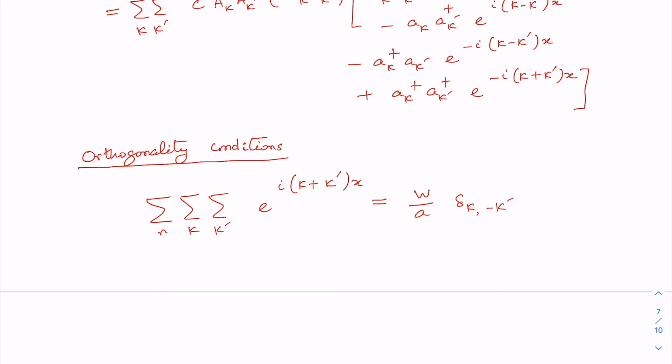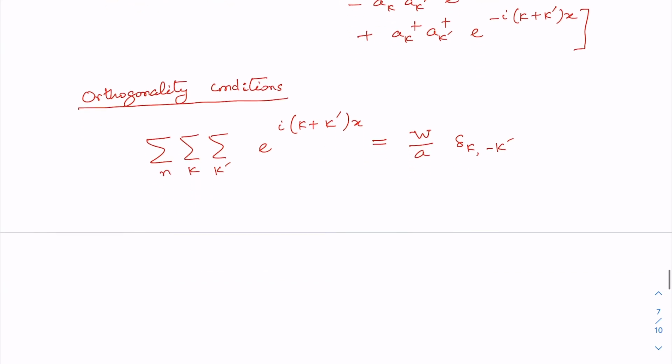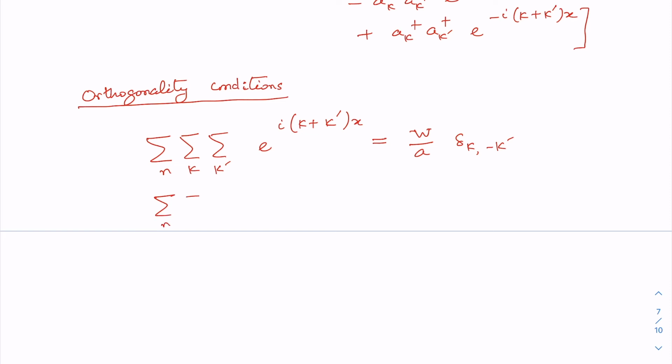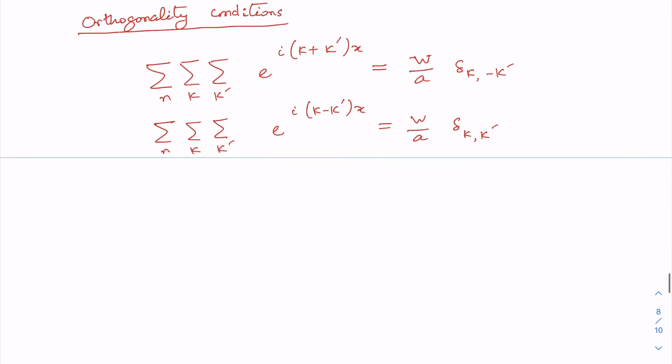That means when k is equal to minus k dash, we get 1 here, and then the sum over n gives the total number of cells, which is W by a. Similarly, we have another condition: sum over n of e to the power i(k minus k dash)x is equal to W by a delta of k minus k dash. These are the conditions that we are now going to exploit.